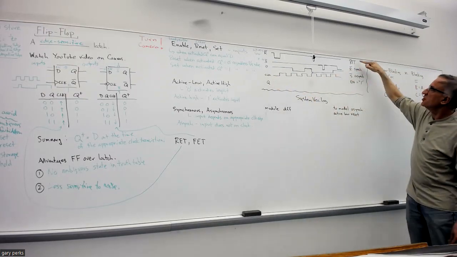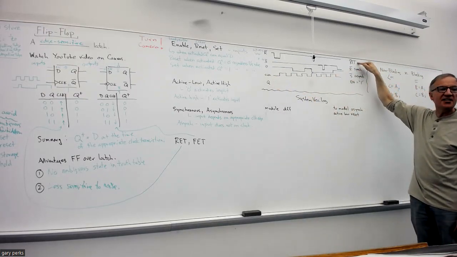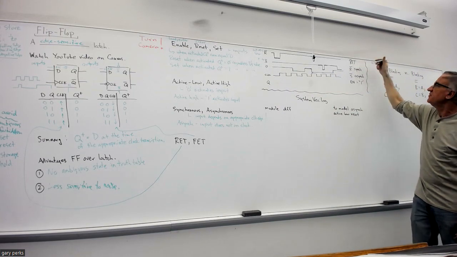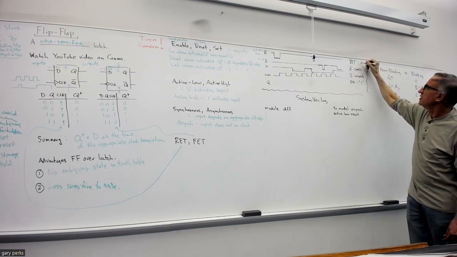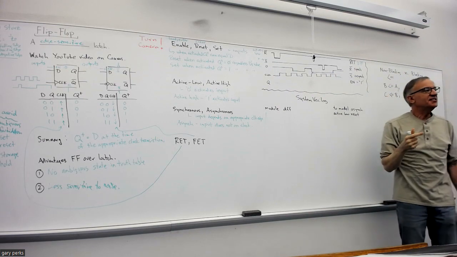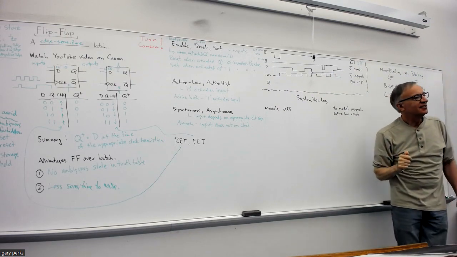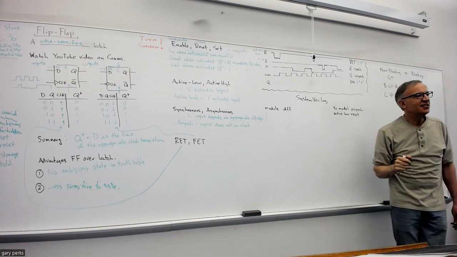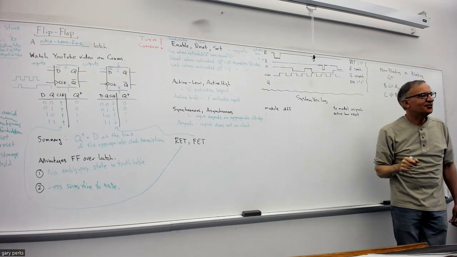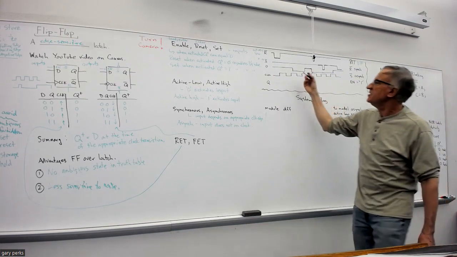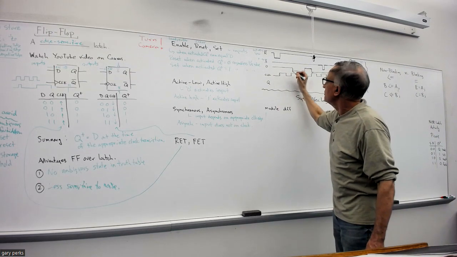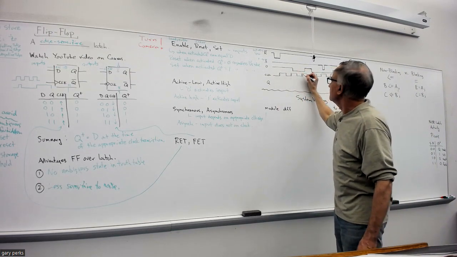Over here, we're told that this is a rising edge triggered D flip-flop. So that means it's sensitive to what edge of the clock? Rising edge is which edge, 0 to 1 or 1 to 0? 0 to 1. So you see, it's the 0 to 1 edges that matter, since this is rising.